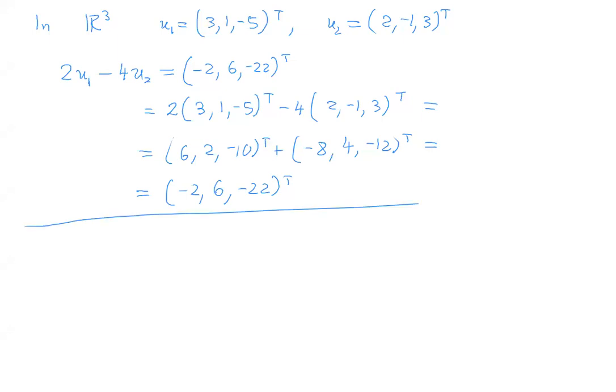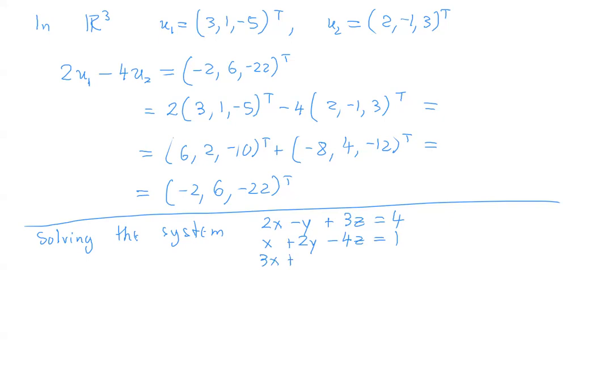We said that when you try to solve a system, somebody tells you: solve the system 2x minus y plus 3z is equal to 4, x plus 2y minus 4z is equal to 1, and 3x plus 3y minus z is equal to 7. So let's say that somebody asks you to solve this system.